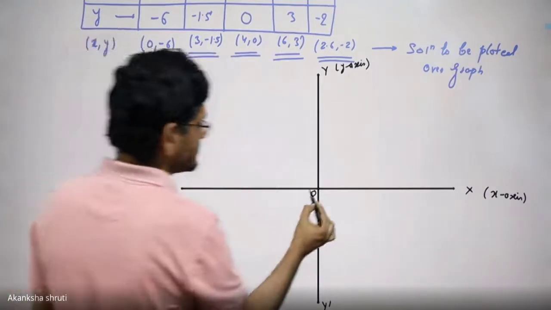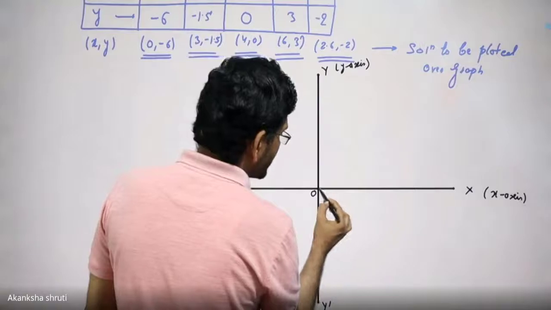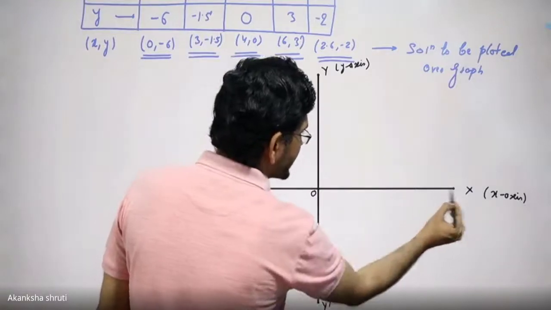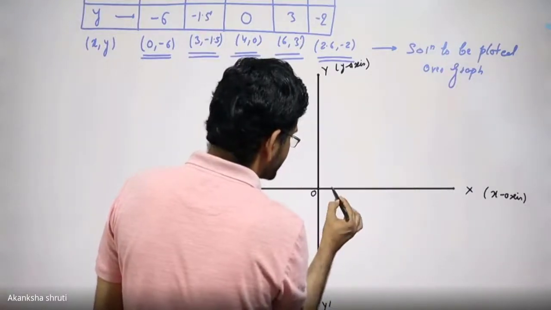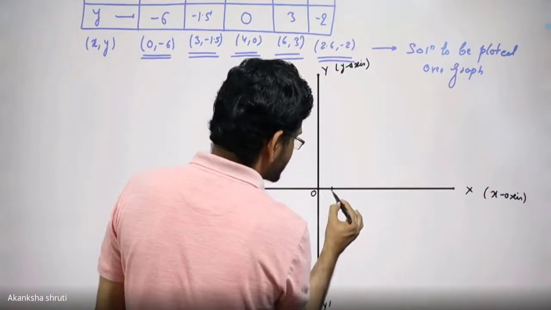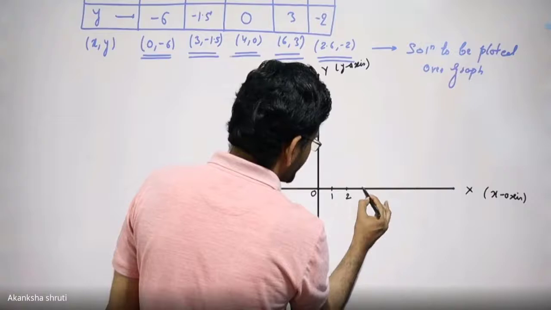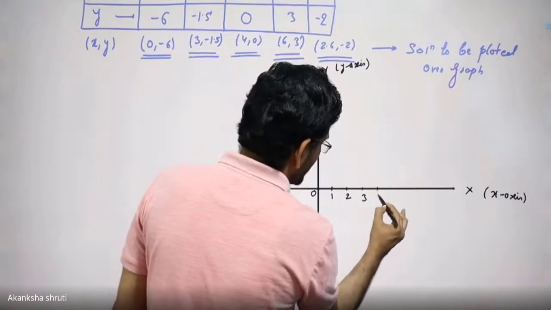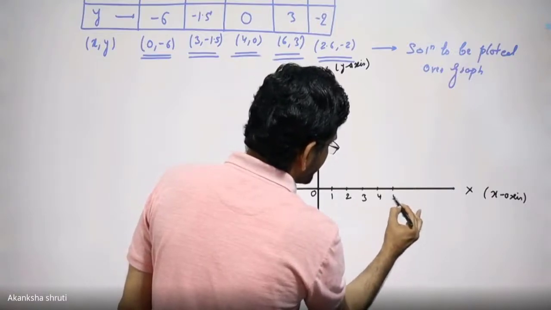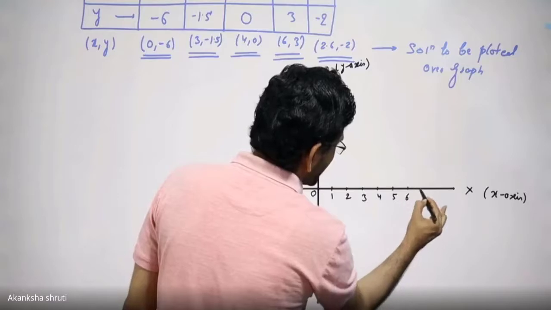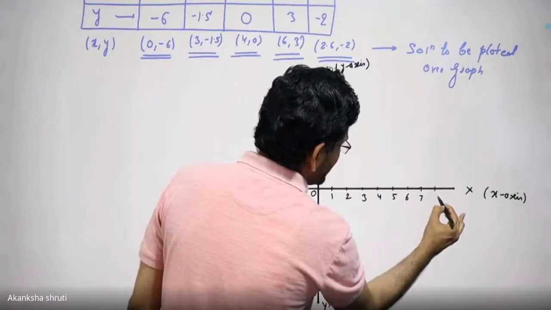Students, the markings on the right hand side of this x-axis from the origin are marked as positive. Let us mark them as 1, 2, 3, 4, 5, 6, 7, 8.